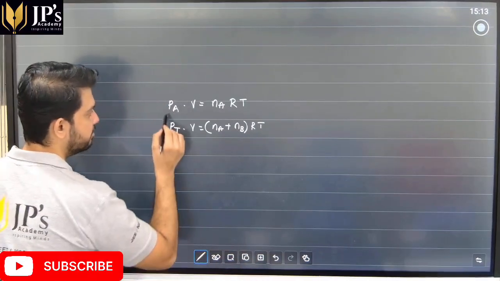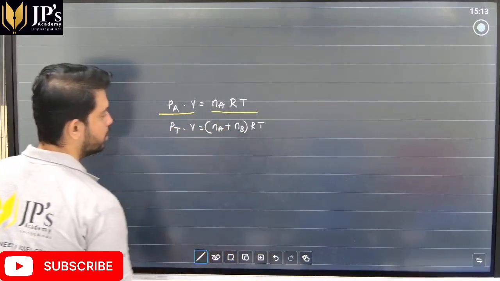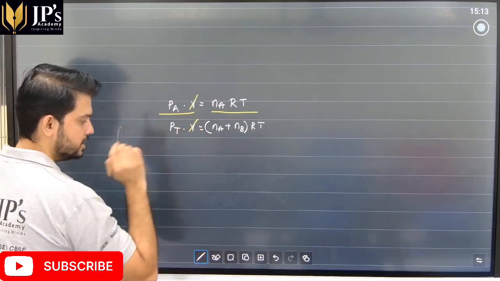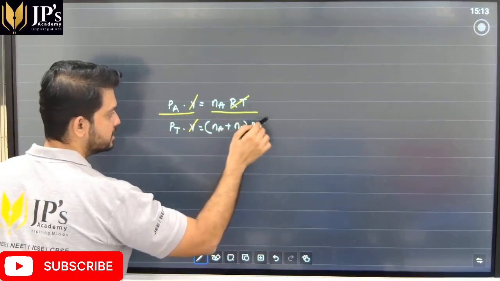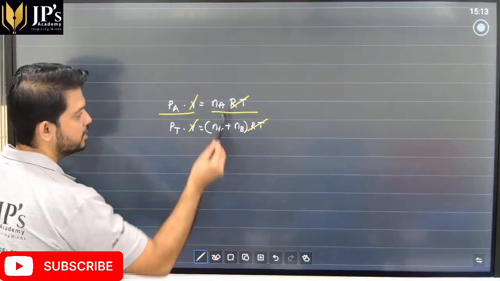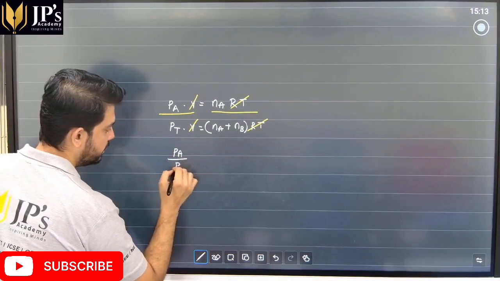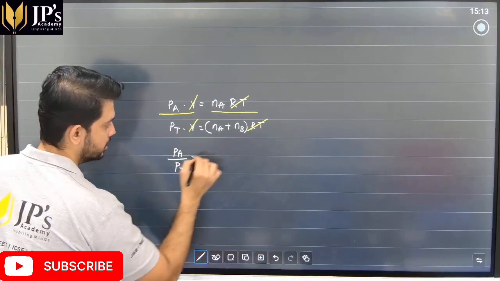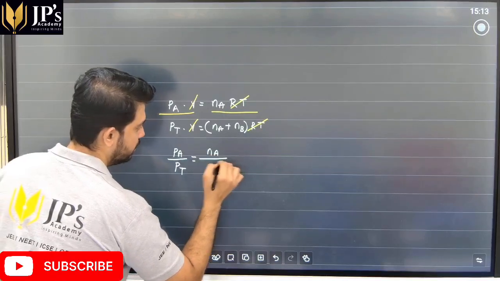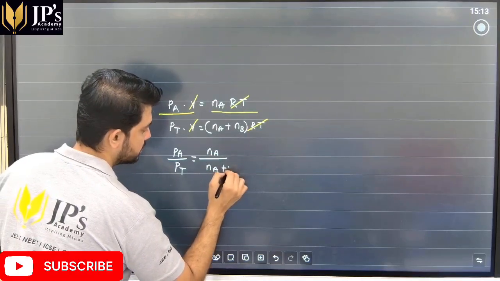If I simply divide the two equations, since the volume of the container is the same, the container is at the same temperature, and R is the universal gas constant, PA over Pt is equal to Na over (Na plus Nb).